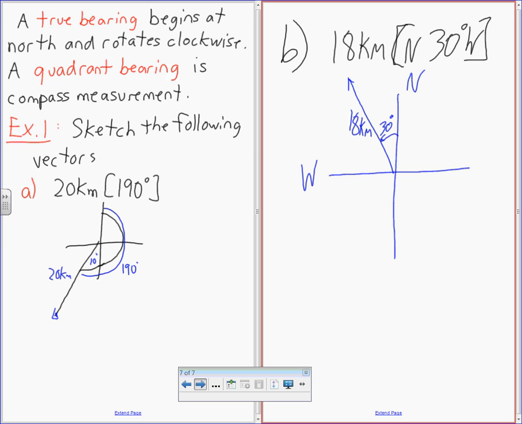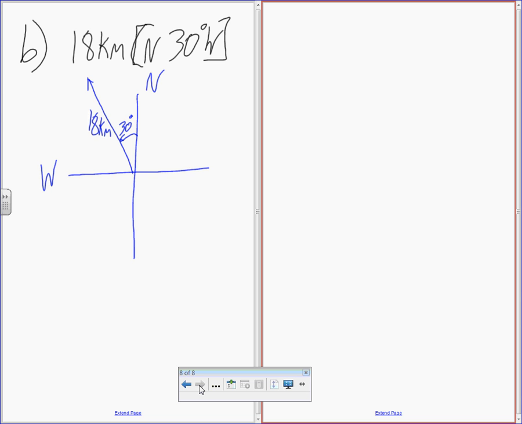All right, here we go. Equivalent vectors. Two vectors are equivalent if they have the same magnitude and direction.